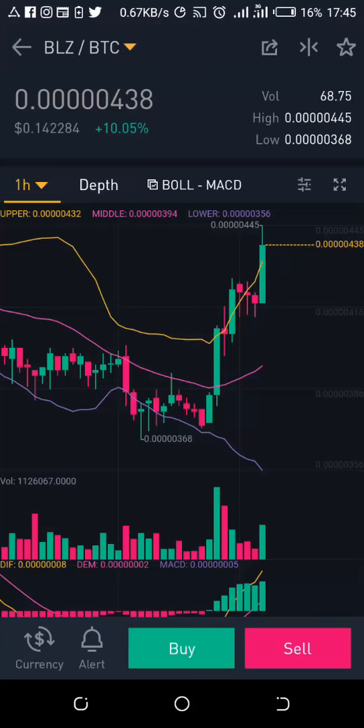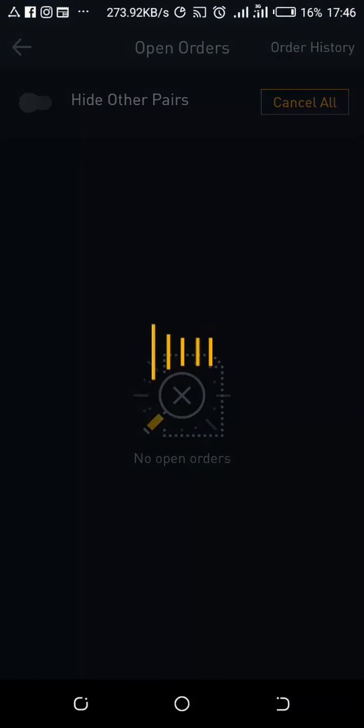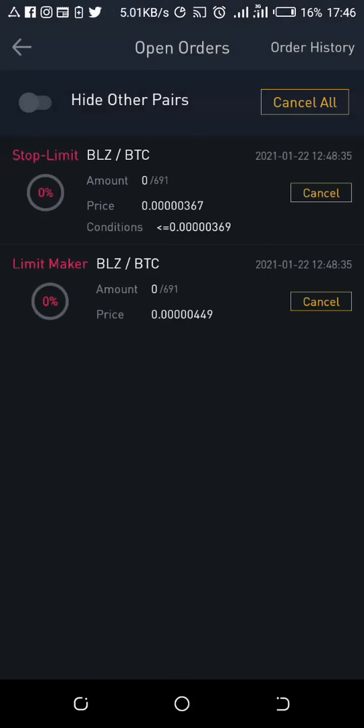All right, we are still watching this trade. As you can see, this trade has reached 445 Satoshi, and we have our open orders. The open order we have is to stop a loss.